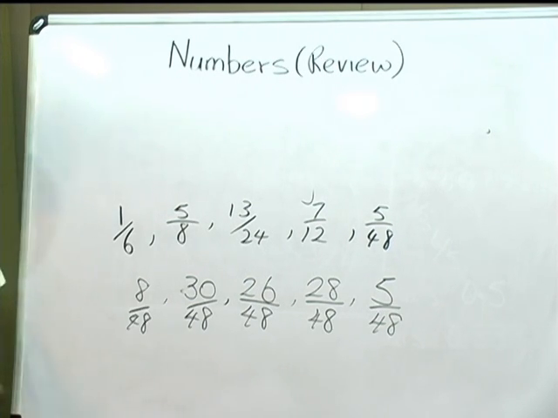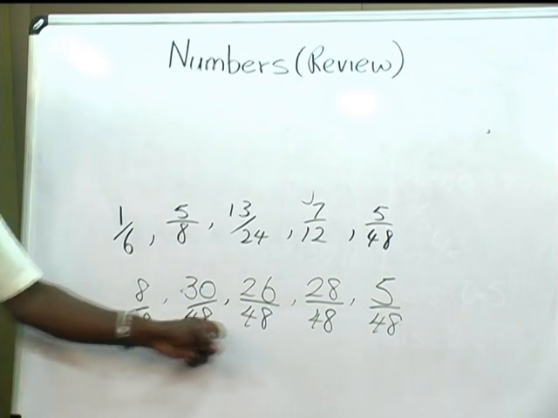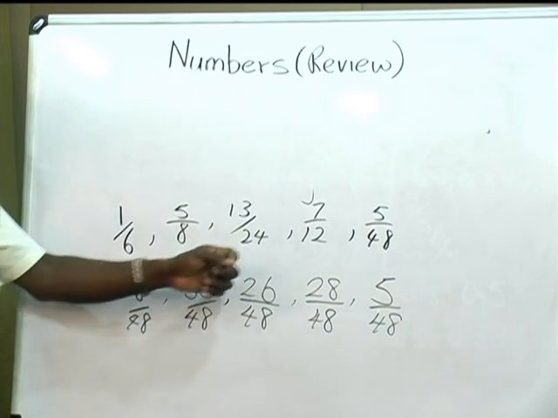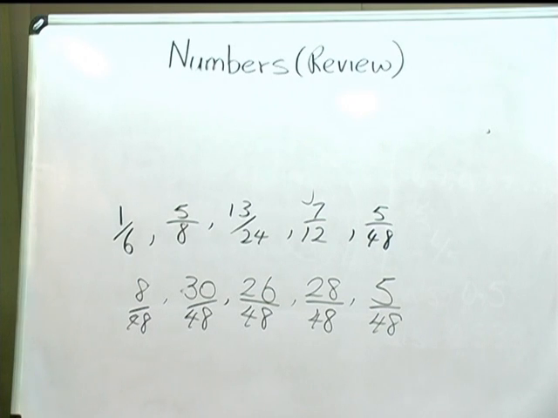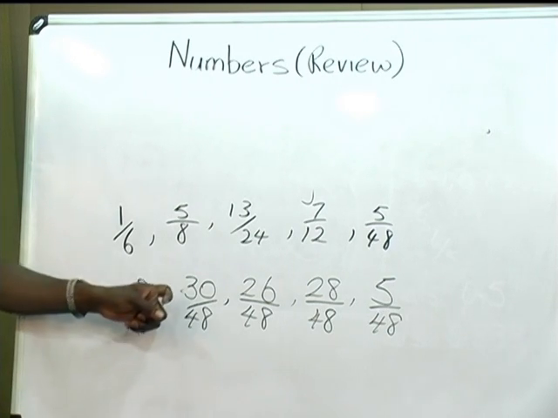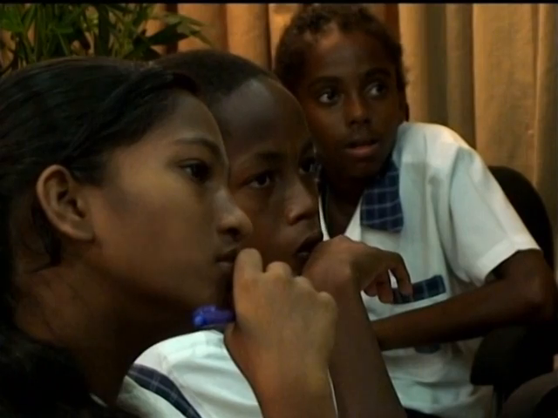And since all the denominators are the same, we can look at the numerators to see which numerator is the largest. And whichever numerator is the largest, that represents the largest fraction. So, which numerator is the largest? 30. So it therefore means 30 upon 48 is bigger than all of these.